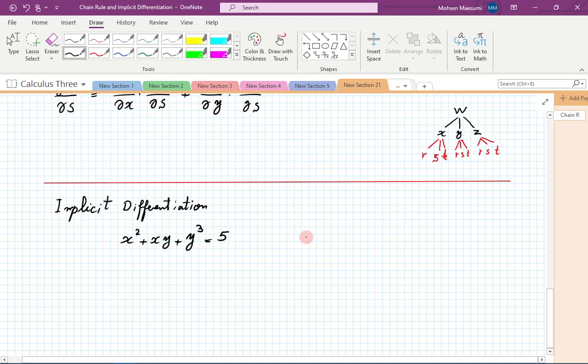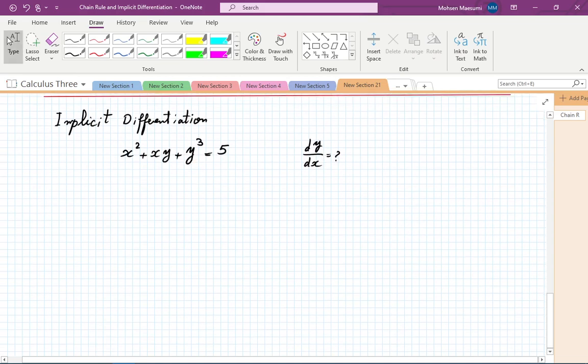So suppose the question is, what is the derivative? We want to find the derivative, but we don't have y in terms of x. Well, the next best thing is to go ahead and differentiate and get a derivative. The cost we are going to pay is that the derivative is also going to be implicit. So let's differentiate with respect to x.